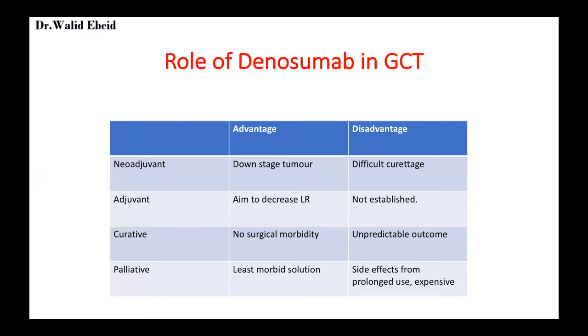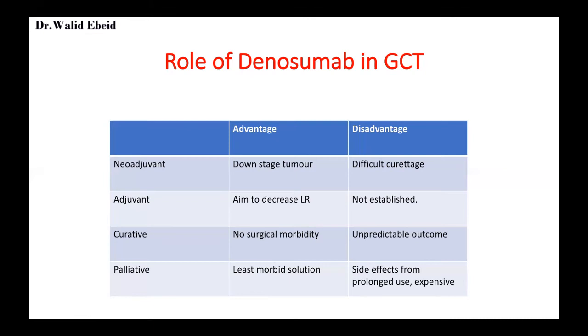Or you can use it as a palliative measure in patients where it's considered one of the least morbid solutions and surgery would not be possible. However, still, as with the previous treatment option, it has side effects from the prolonged use.